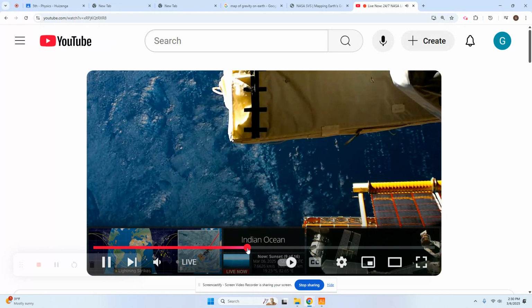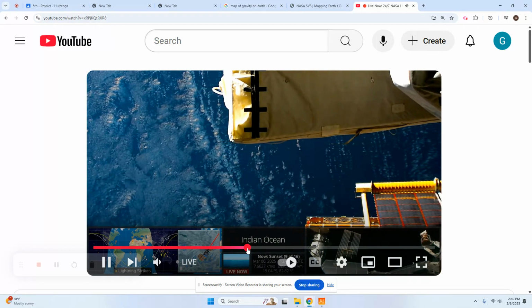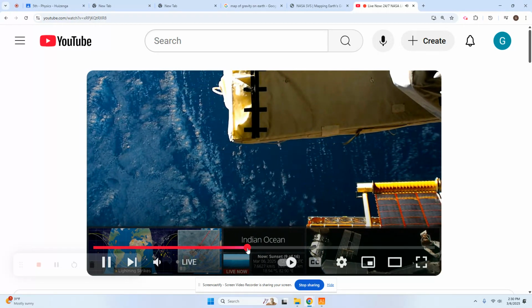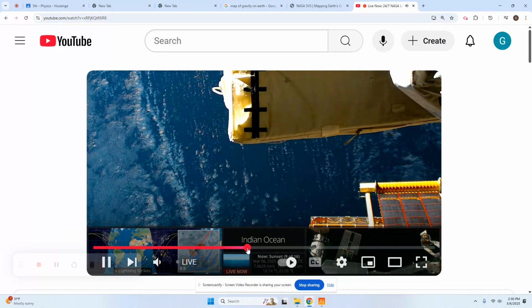This is apparently a live stream of the ISS. I don't know if it's actually live or just a recording. But it's orbiting the Earth about 250 miles up.